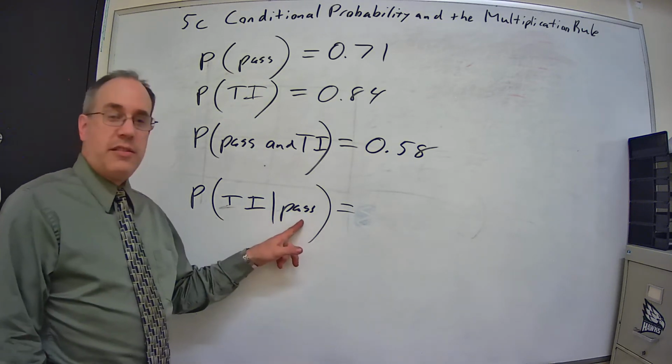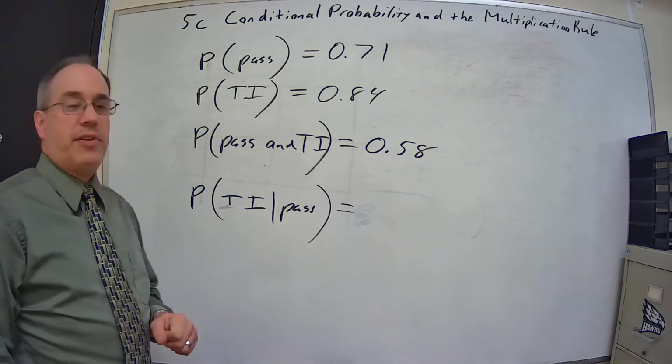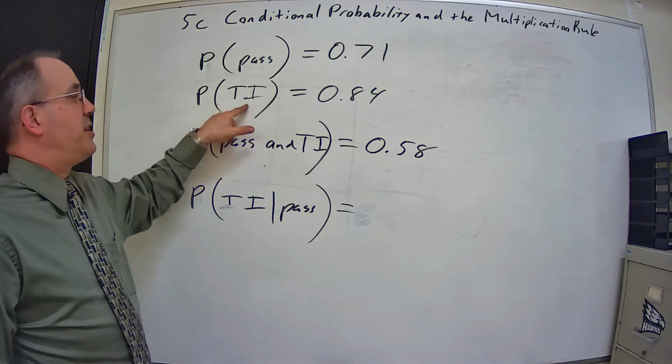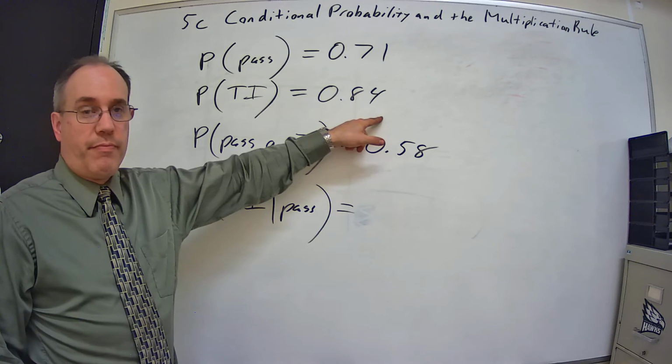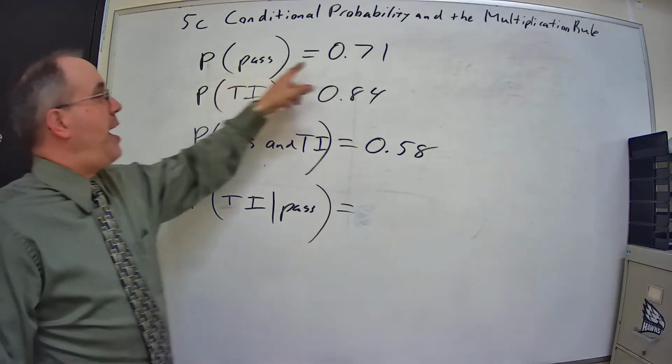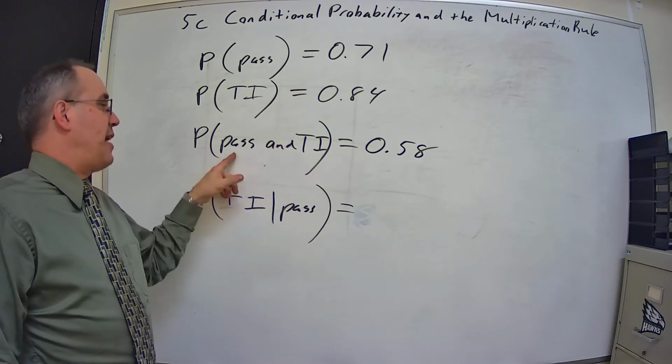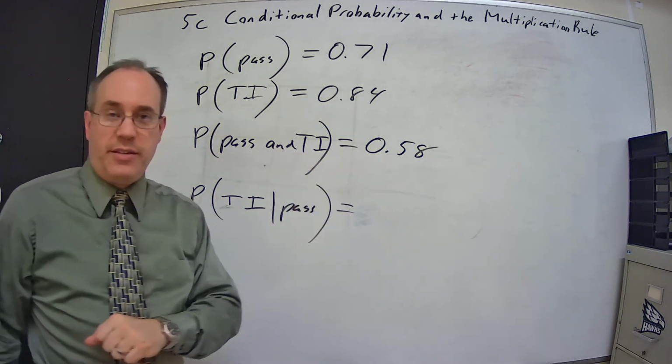So we know they passed the class, we want to find the probability that they have a TI calculator given that they passed the class. We know the probability that they have a TI calculator is 0.84. We know the probability that they pass is 0.71. We know the probability that someone has a TI calculator and passes the class is 0.58.